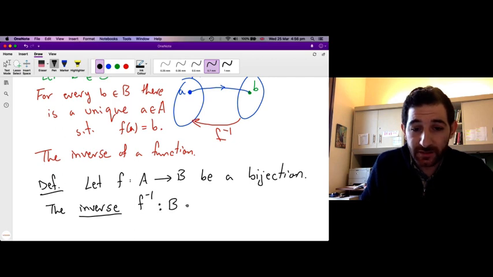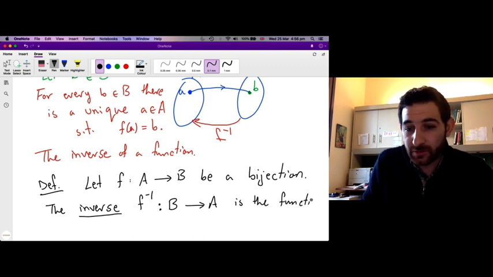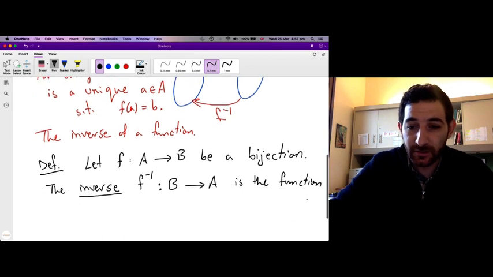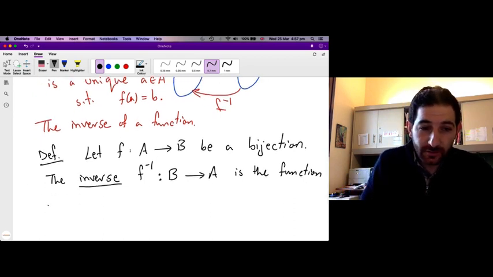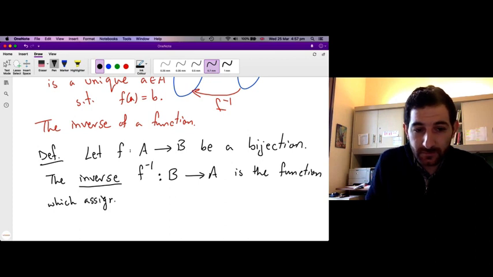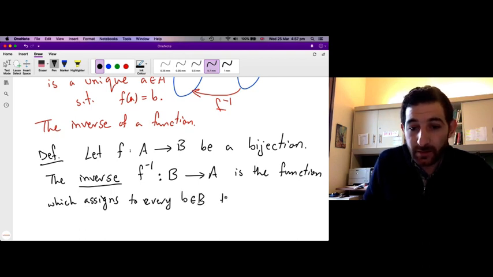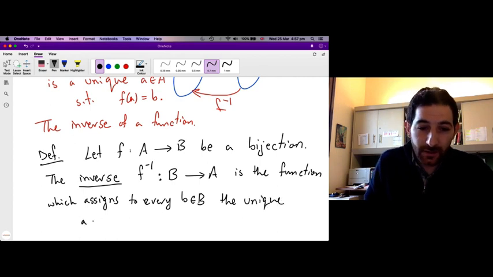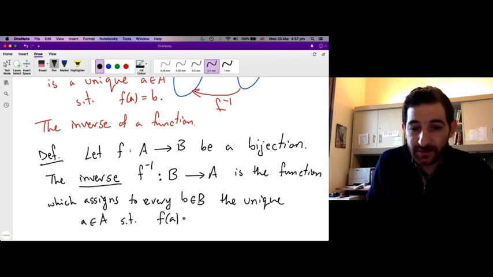Its domain is B and codomain is A. Now I want to define a function, so I need to tell you an assignment. It is the function which assigns to every b in B the unique a in A such that f of a is b.